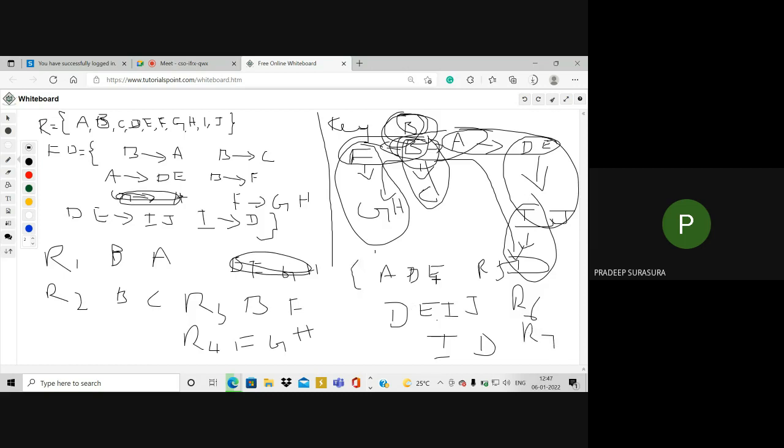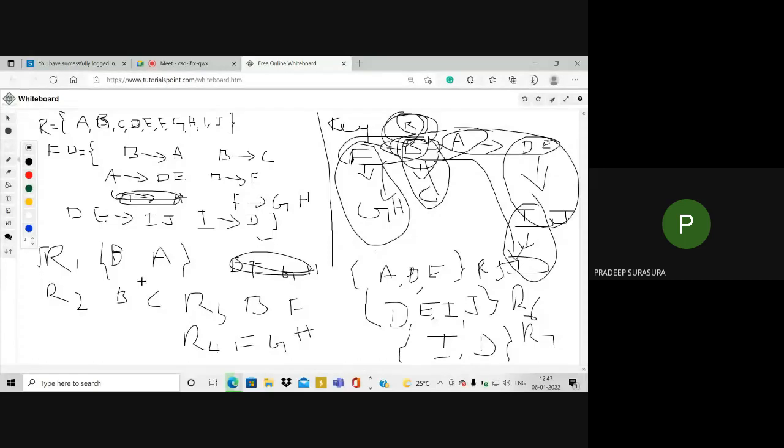These are my final tables after normalizing to third normal form. Now you may even look for BCNF or other things, but I see that BCNF also satisfies.